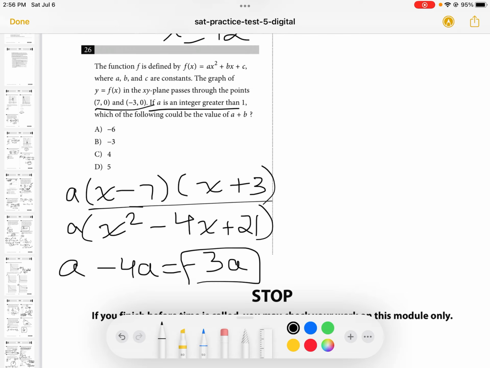So we know that if a is an integer greater than 1, the sum has to be negative. So we can rule out c and d, and we can rule out b as well, because that only happens when a is 1. And we know that a is an integer greater than 1. So a is our only answer, and that works when a is 2.